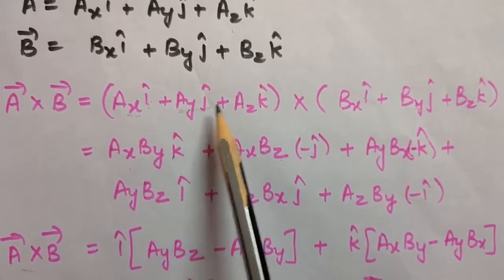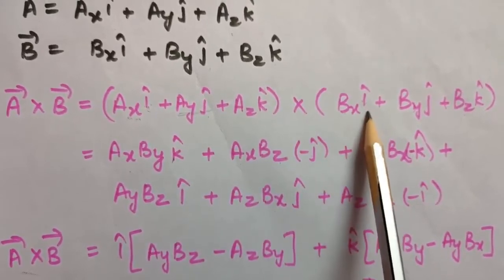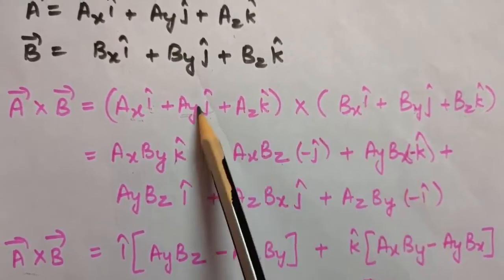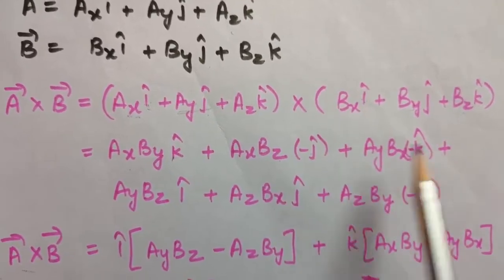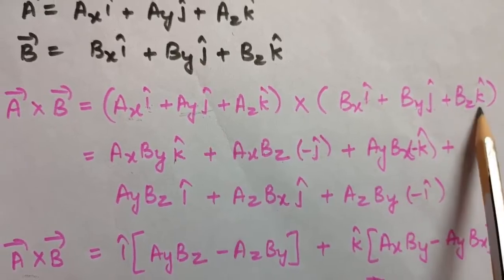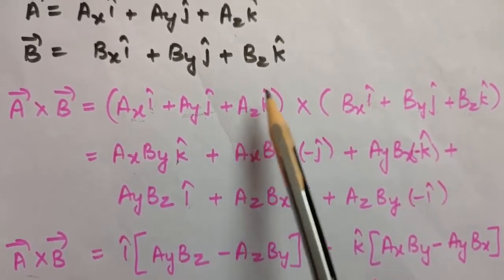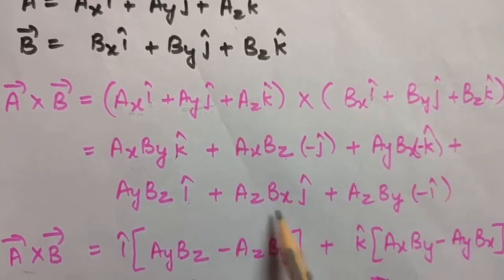Similarly do for this one, ay j cap cross bx I cap, so ay bx, j cross I is minus k. Again j cross j will be 0 and j cross k will be I cap, so ay bz I cap.